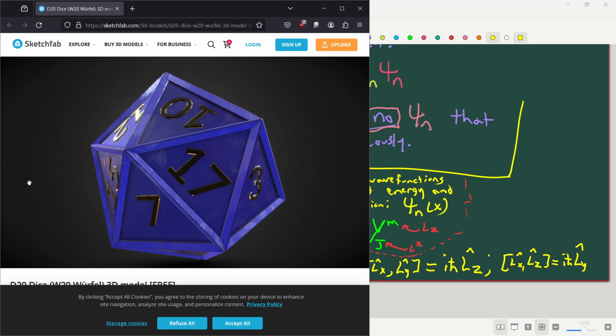What's the net change? The net change is 135 degrees, which is either 90 plus 45 or 45 plus 90. So it doesn't matter in two dimensions which way you do it. Two-dimensional rotations are commutative. But in three dimensions, they're not.